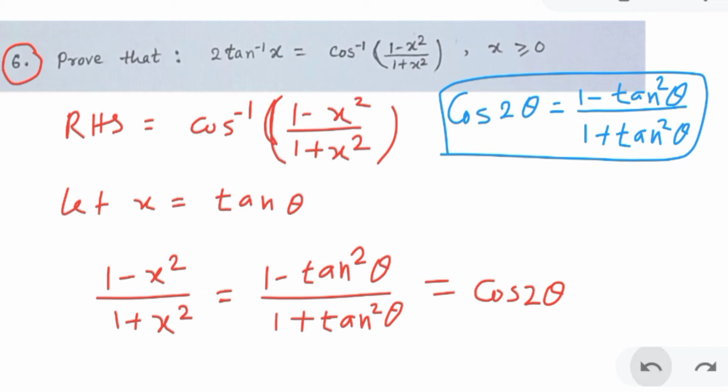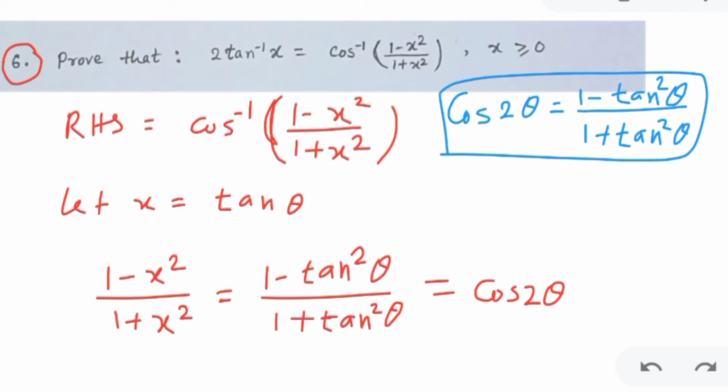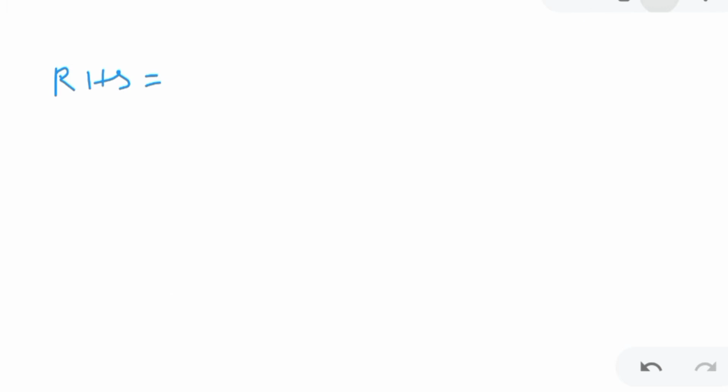So our RHS will reduce. RHS was cos inverse (1 minus x square) divided by (1 plus x square). This whole term is cos 2 theta, so I will write cos inverse cos 2 theta.